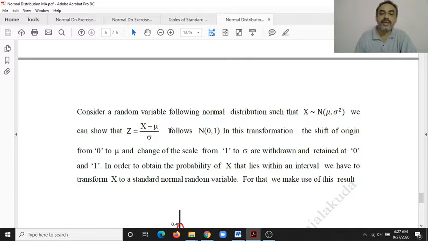So this is a property relating normal distribution and standard normal distribution. Using this transformation, we can transform a normal variable to a standard normal random variable.